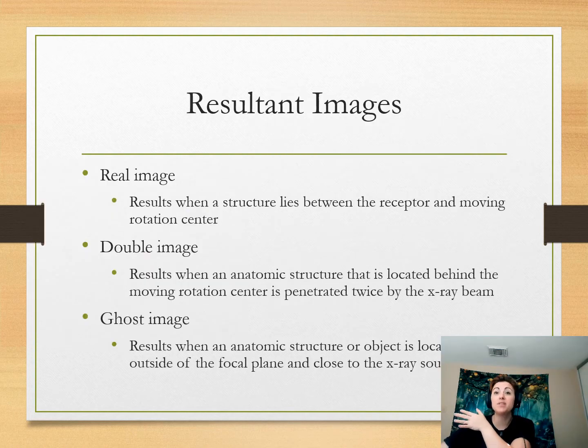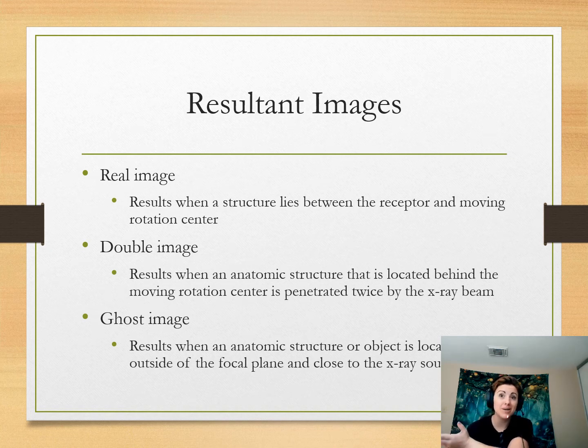Okay, so we get a couple of different images when we take our radiograph for our pano. First up is the real image. The real image is the structure that's in between the receptor and the tube head, the source. It's inside our rotational center. It's actually in our focal trough, and it's what we're hoping to capture.